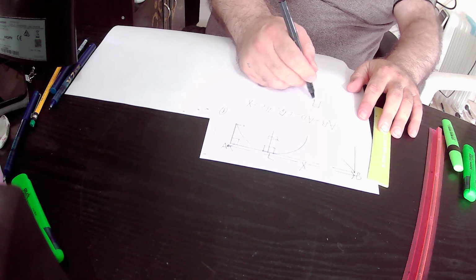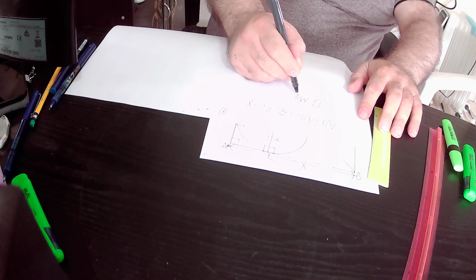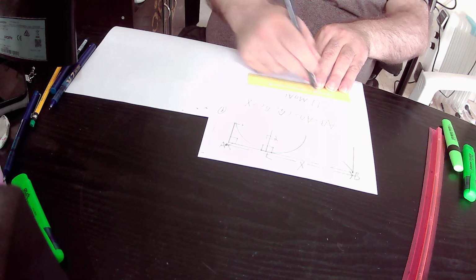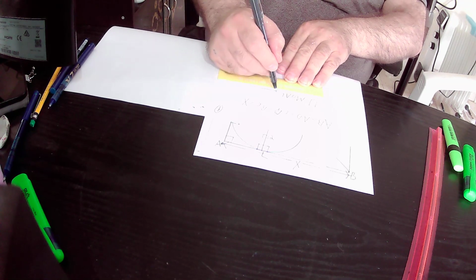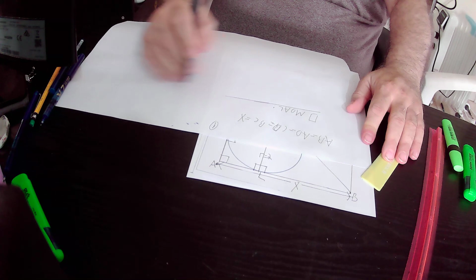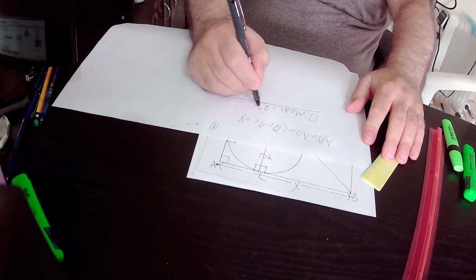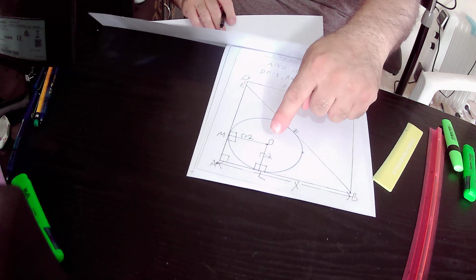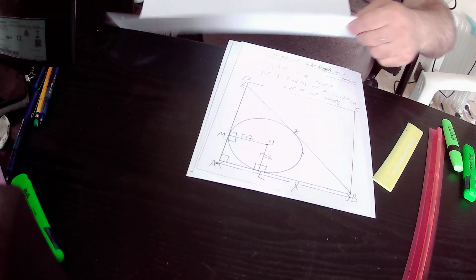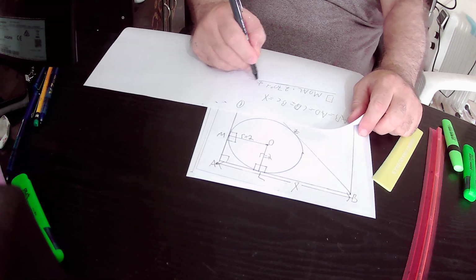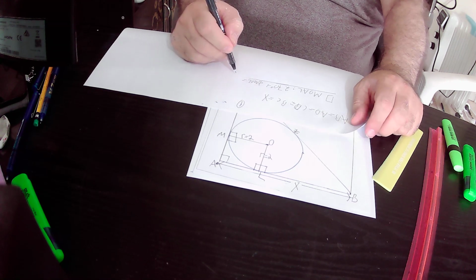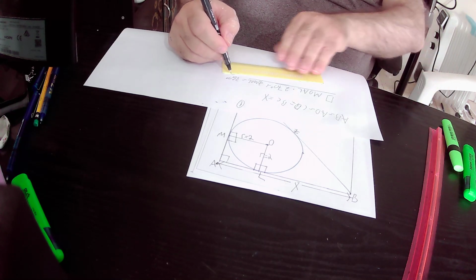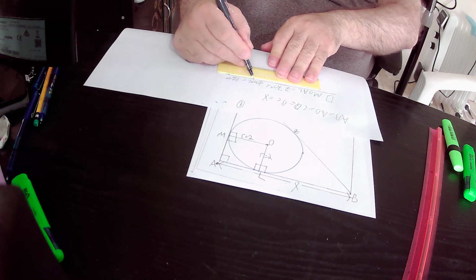So in quadrilateral MOAL, we have 3 right angles, and the sum of 3 right angles is 90 times 3, which is 270 degrees, plus the size of the fourth angle, that is angle MOL. In total, the sum of those 4 angles must be equal to 360 degrees, according to the rule that the sum of the angles in any quadrilateral is equal to 360 degrees.